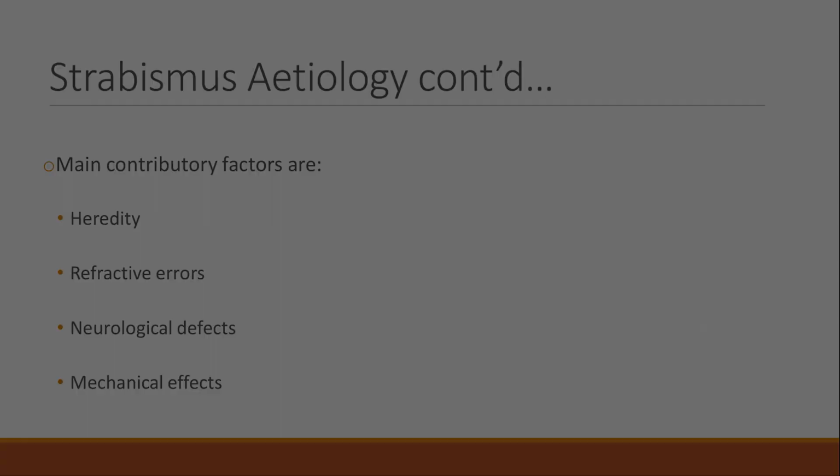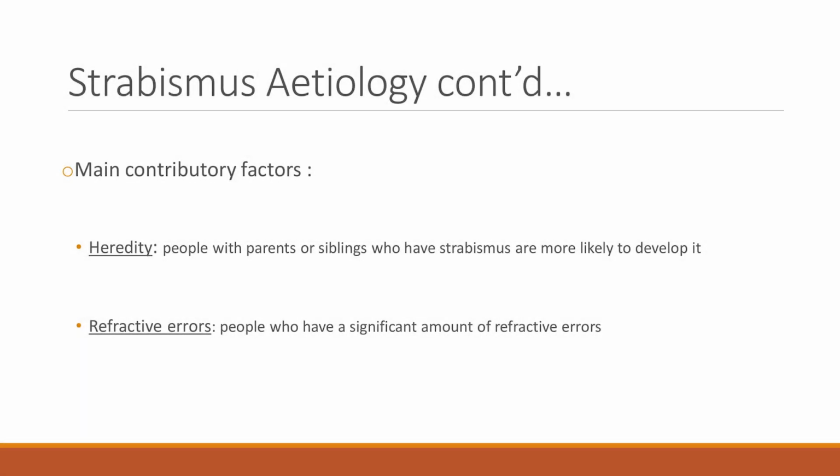People with parents or siblings having strabismus are more likely to develop strabismus. Then there is refractive error.